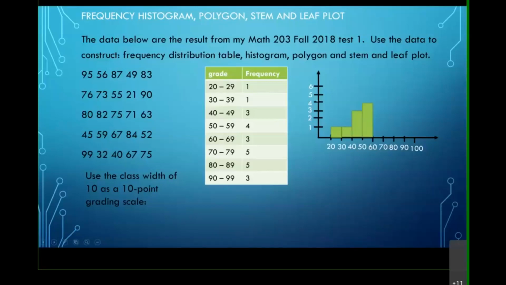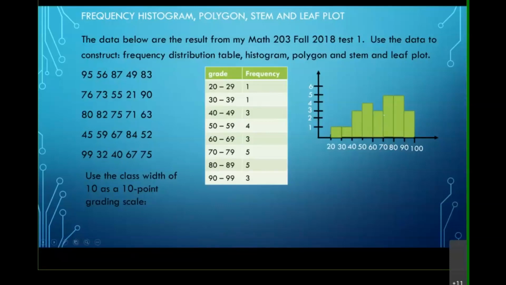Then we go up to the frequency of 4 and draw a bar. Your graph should look like this, with 5, 5, and the last one is 3.